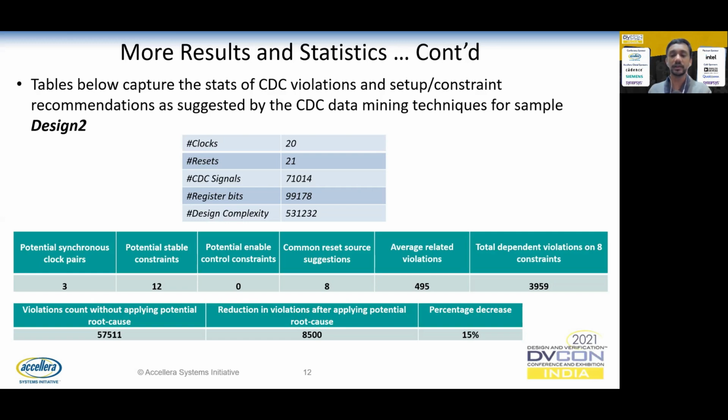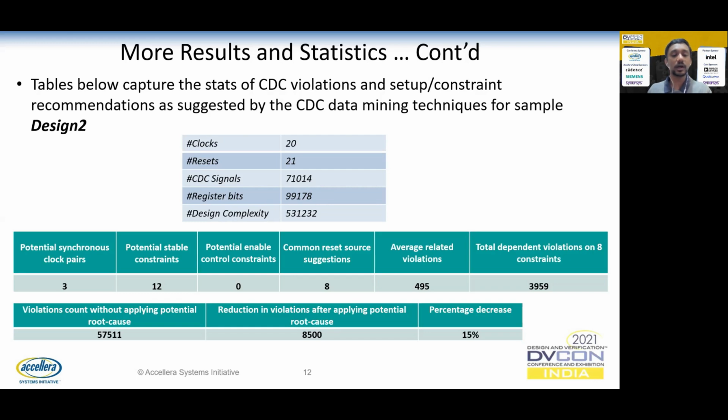On an average, the related violations are 495 crossings. Total dependent violations on the common reset source suggestions are 3,959 crossings.